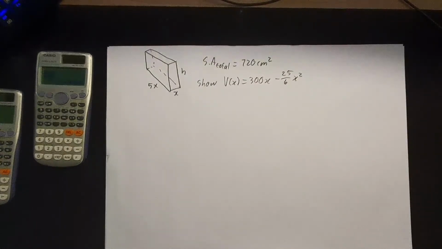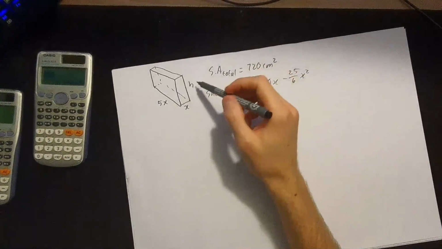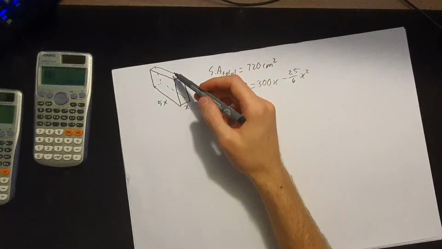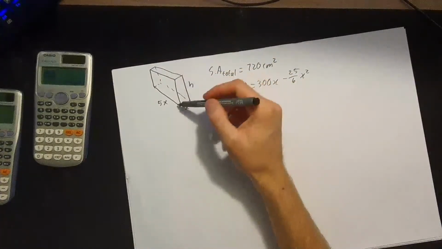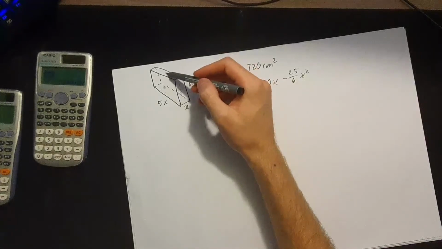Okay, so how do we go about doing this? The first thing that we have to sort out is the surface area and h. If we want to calculate the total surface area, we're going to have 2 of these, 2 of these, and 2 of these.